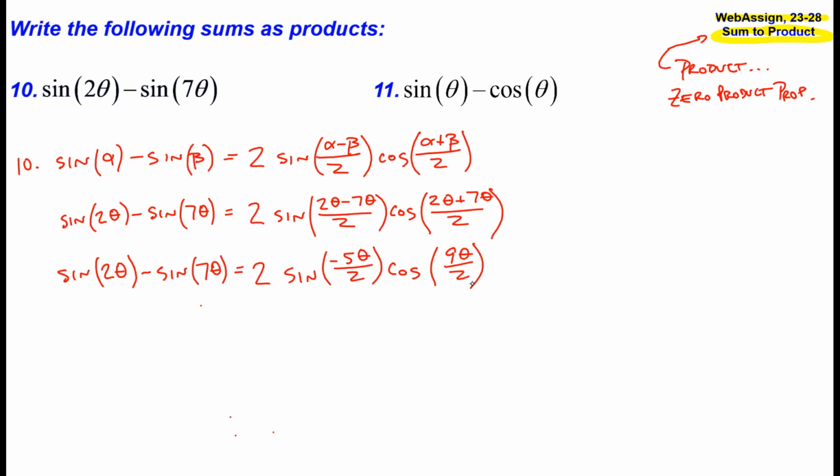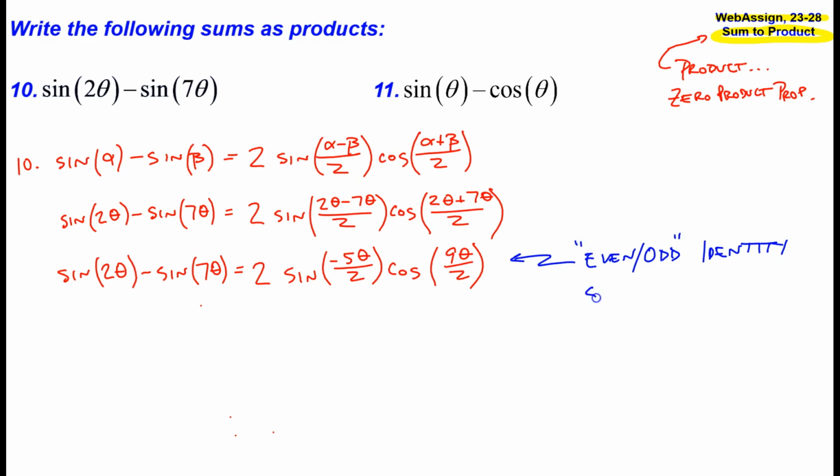At this point, folks, you might be like, well, there's nothing else I can do with this problem, but I want to remind you that we do have some even-odd identities. And there's one that's going to help us with this.